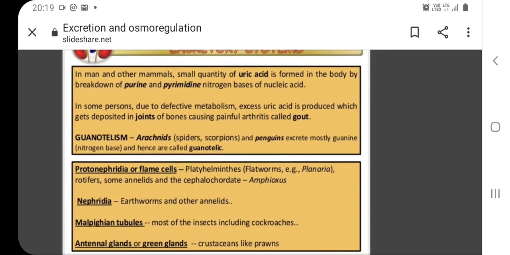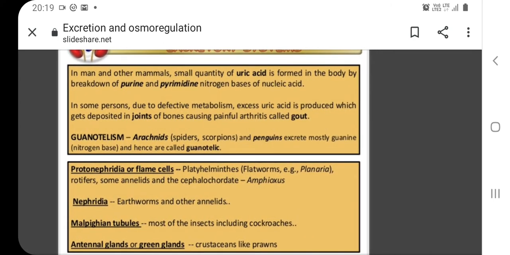The excretory system. In humans and other mammals, a small quantity of uric acid is formed by the breakdown of purine and pyrimidine nitrogenous bases of nucleic acid.